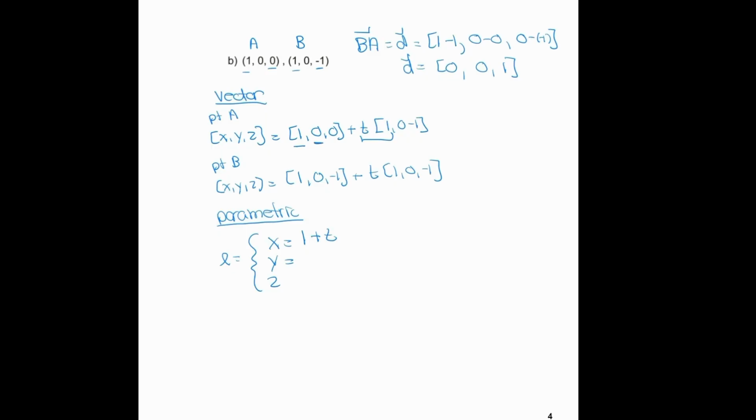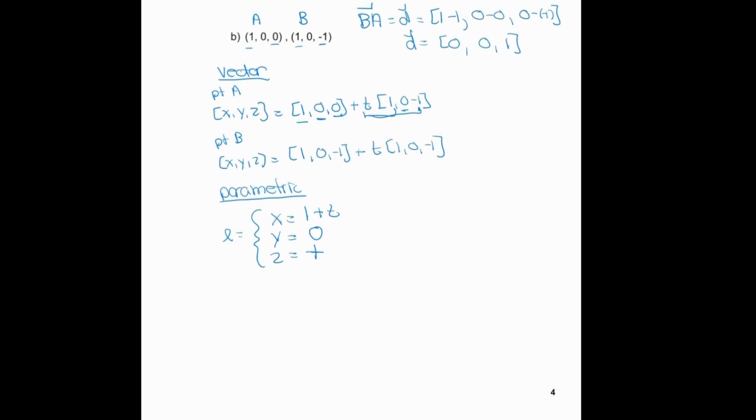Y is equal to 0 plus 0 times our t value, so in this case, y is just equal to 0. And z is equal to 0 plus t times negative 1. So it becomes 0 minus negative 1t. So that actually just becomes t. So there's our parametric equation.